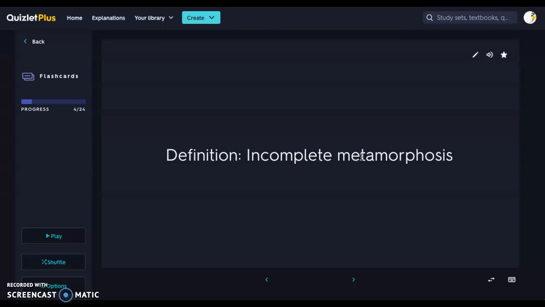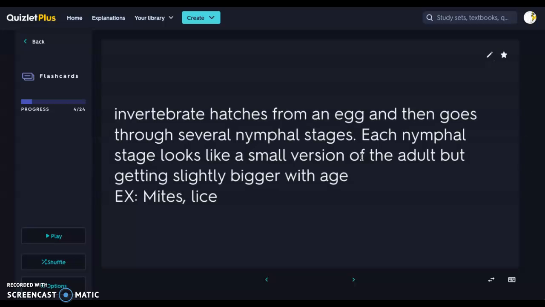The first thing we're going to look at as well is our metamorphosis. These parasites can be identified through their type of metamorphosis, and then we also can tell when they're going to infect an animal based off of that. The first type of metamorphosis you have is what we call incomplete metamorphosis.